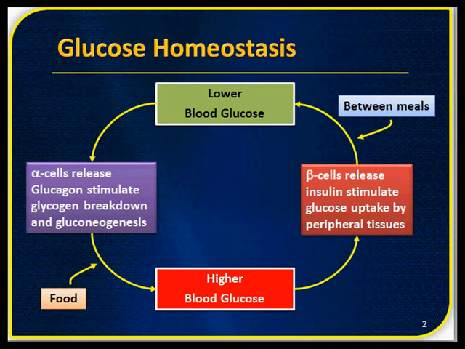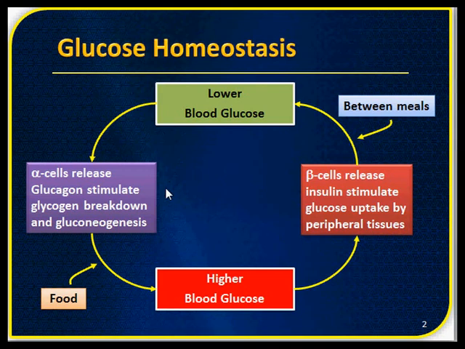How is this possible? This is because of two important hormones, insulin and glucagon. Let us start with a scenario where the person's blood sugar is on the lower side, less than 70. Immediately the alpha cells of the pancreas release glucagon.